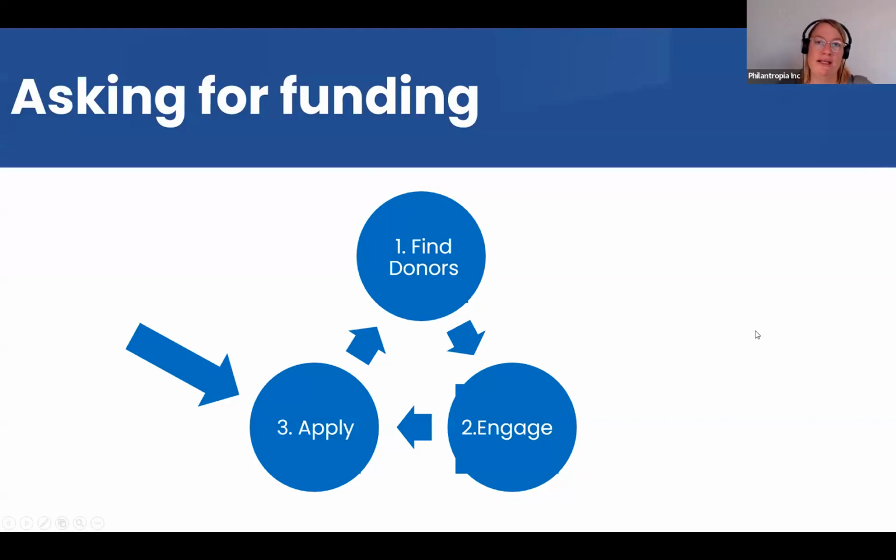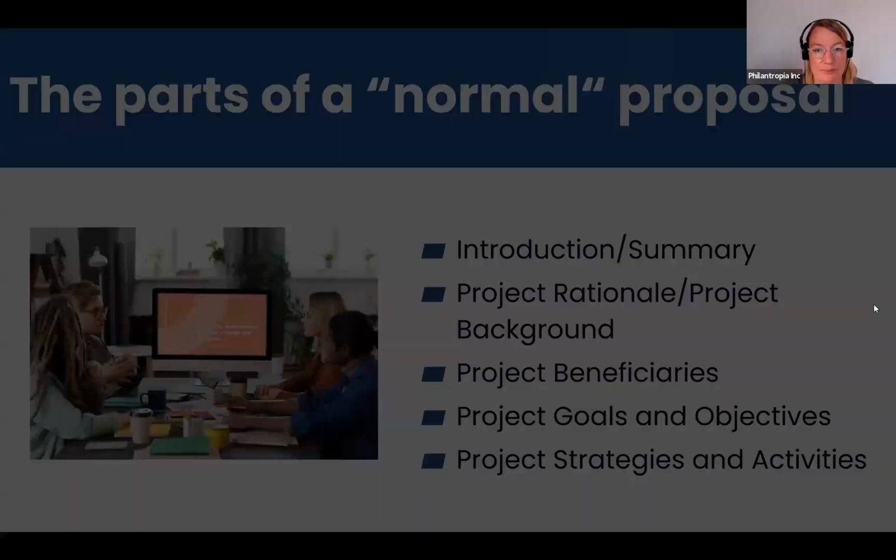Today we will talk more in detail about the proposal, because usually when you reach that third step, the application step, when you are asked to send something over, what foundations want to see is a full proposal document that serves them so that they can decide if they want to fund your project, and how they want to move on with you. So this is the stage that we're in now, and this is what we're going to be talking about today.